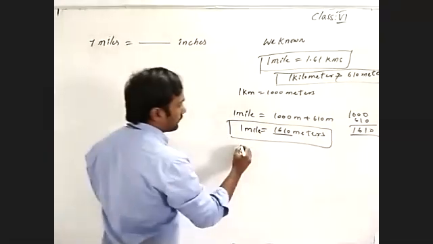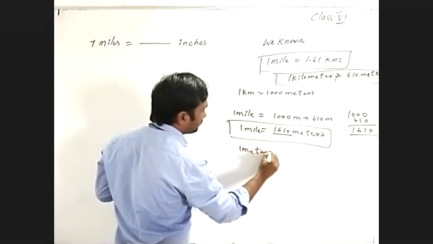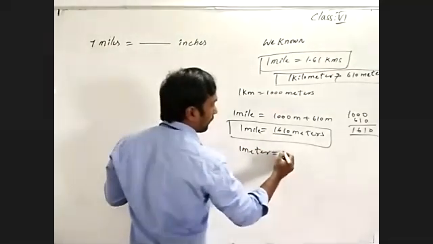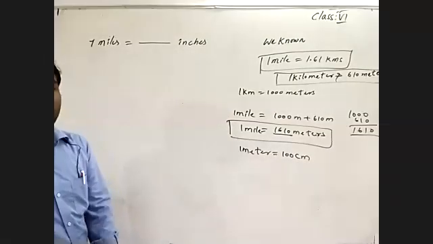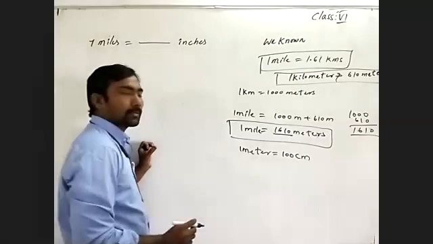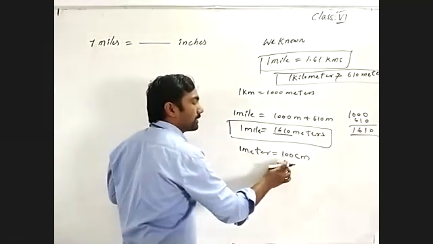And 1 meter is equal to how many centimeters? 100 centimeters. 1 meter is equal to 100 centimeters.